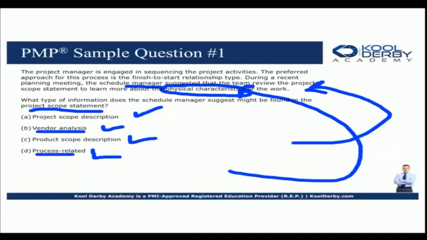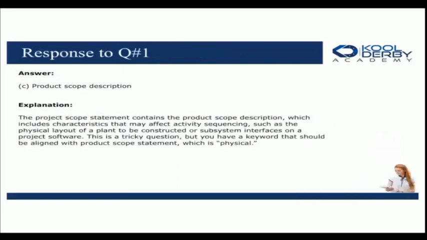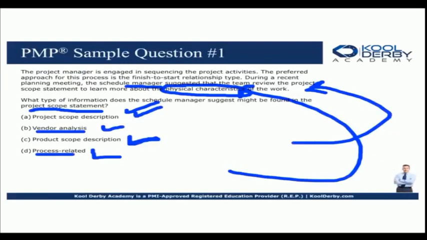So we're dealing with project scope description and product scope description. All right, I'm going to show you the answer so I can explain it. It is product. Let me tell you why. I'm going to go back to the option here. When the question talked about physical characteristics, it told you that it's about product scope description, product.